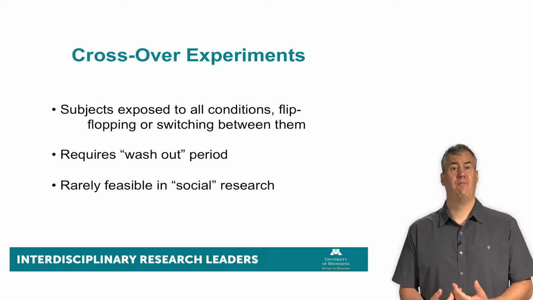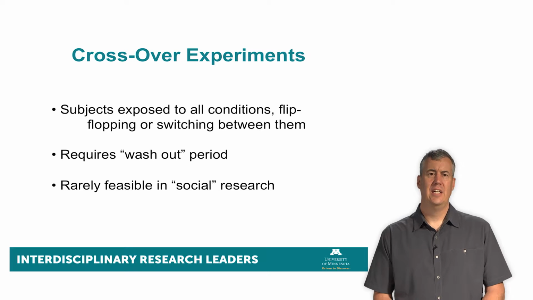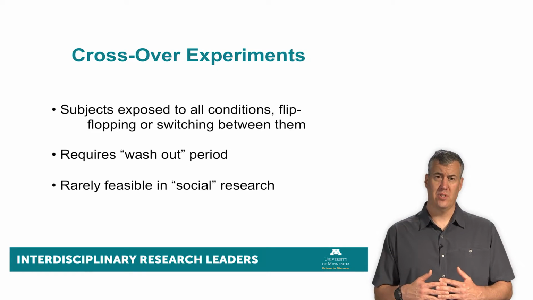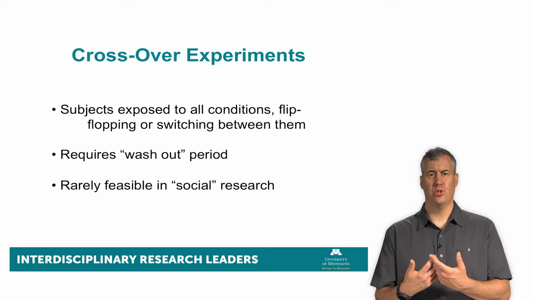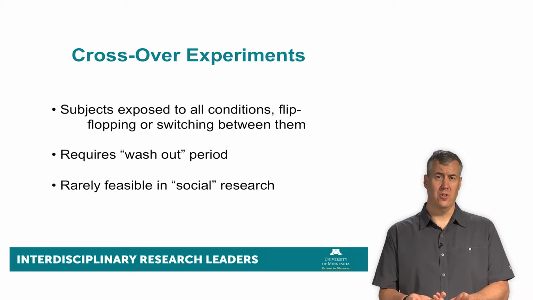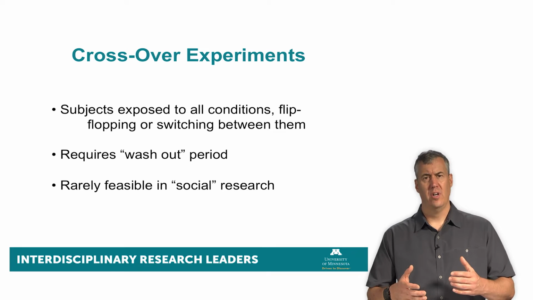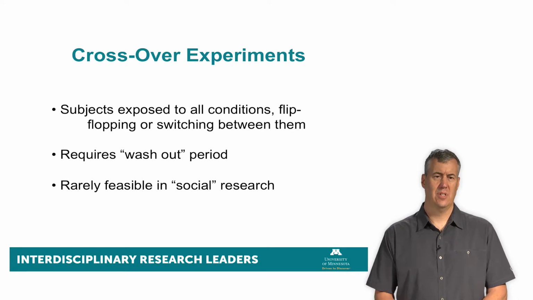We can go yet a step further and talk about something called crossover experiments. In this case, I might receive a placebo at first, and then after some period, receive the actual treatment itself. You might receive the actual treatment itself first, and then the placebo later on. And so we're crossing over. We are both getting everything at just different times.